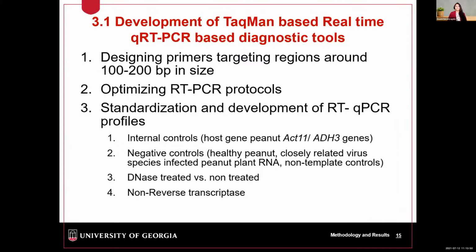For standardization, several controls were included. One of the controls were the internal controls. Here we included primers targeting host plant genes. The other important control is the negative controls, which involves healthy peanut RNA and peanut leaf RNA which were infected by other orthotospoviruses closely related to GBNV.